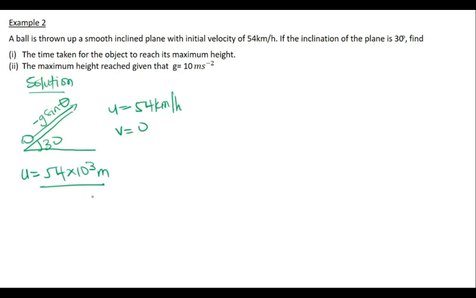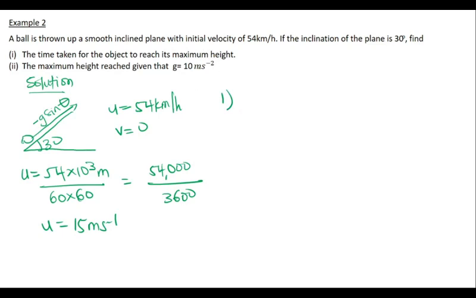One hour is 60 seconds times 60 minutes, so this is 54,000 divided by 3,600. So our initial velocity for this example is 15 meters per second.